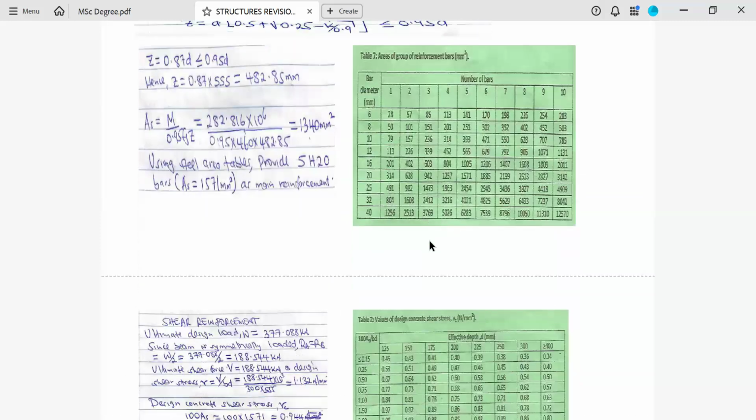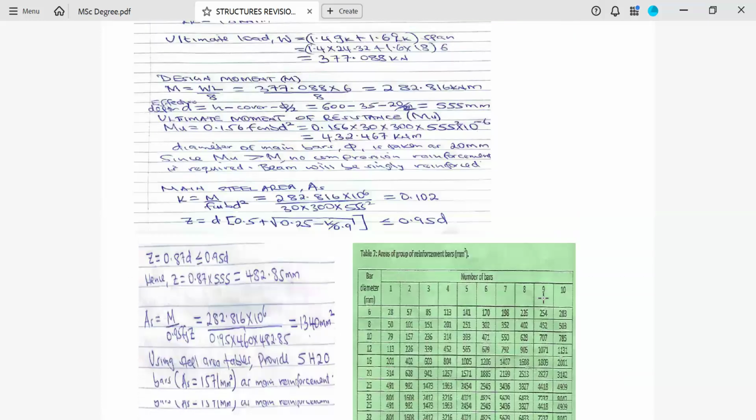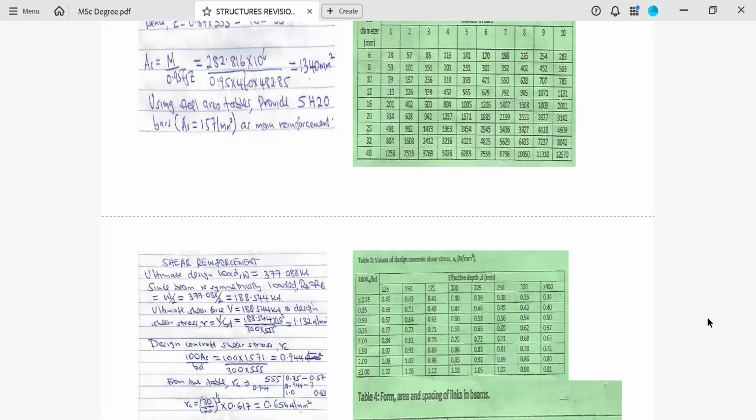Now we shall move to shear reinforcement. Now for shear reinforcement, we know that the ultimate design load W, we obtain it as 377.088 kilonewton. Now, what you should know, our beam is symmetrically loaded and it is simply supported.